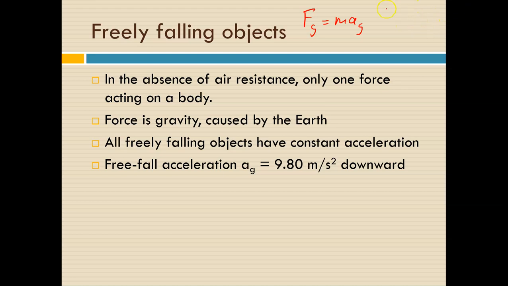I could write this as F sub g over a sub g, oh, I'm sorry, that's wrong. Let me see if I can control Z it. No, I can't. Okay. I can write this as F sub g divided by m must equal a sub g. There we go.